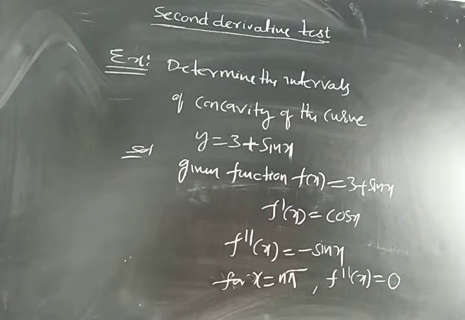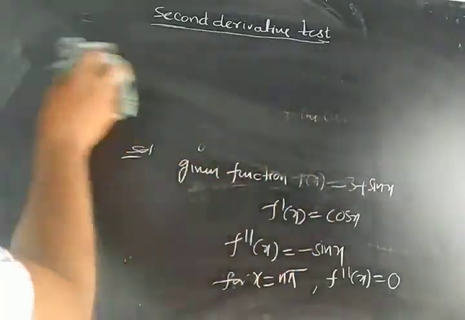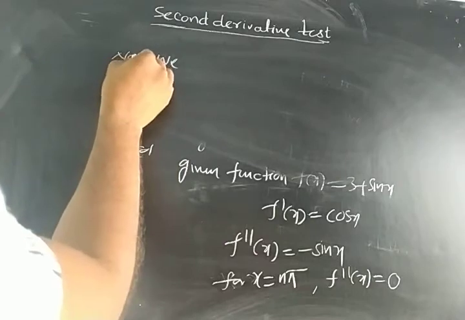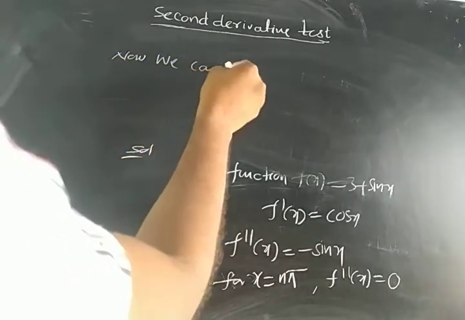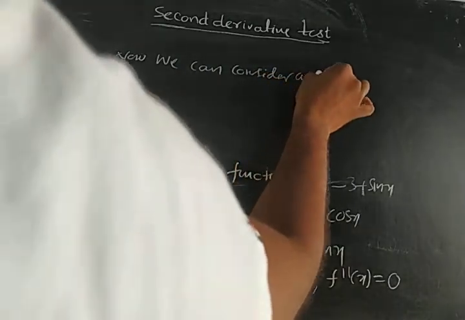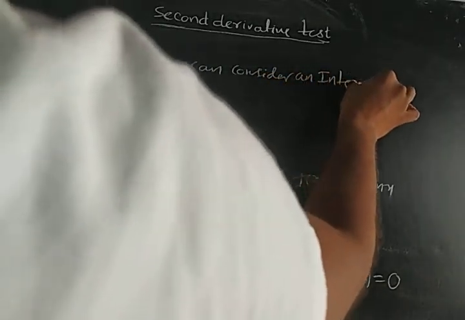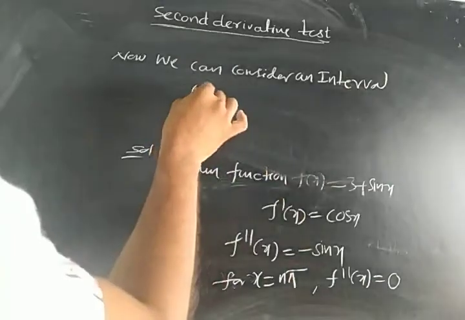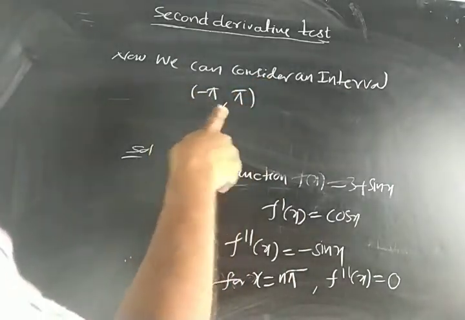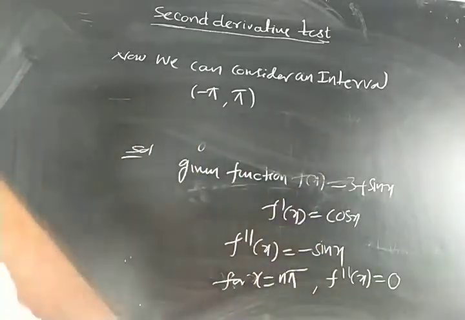So we can consider an interval from minus pi to plus pi, whose size is 2 pi. Why? Because the period is 2 pi.